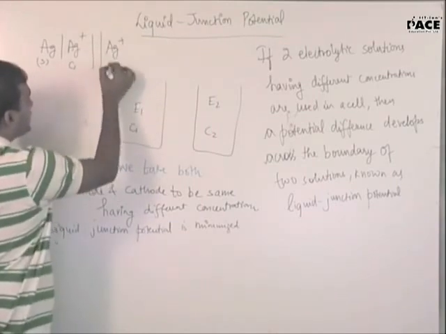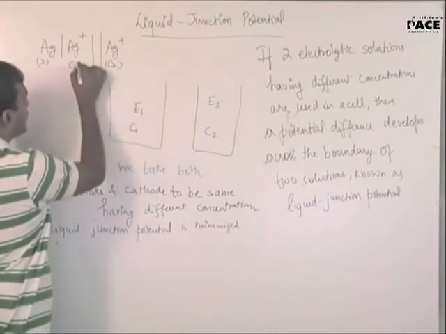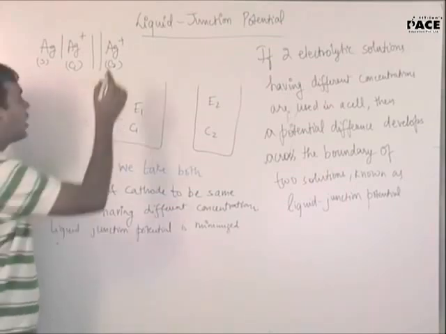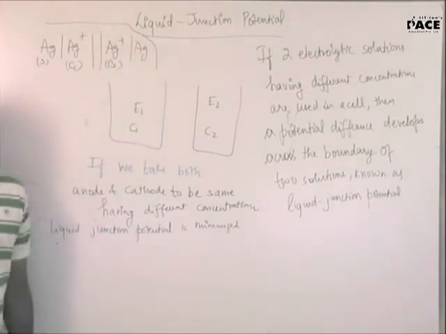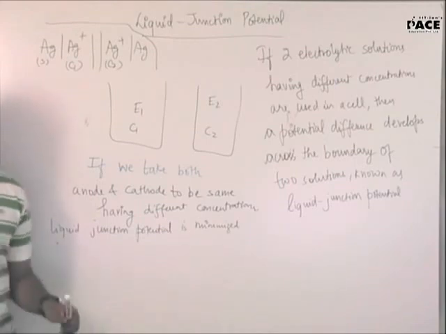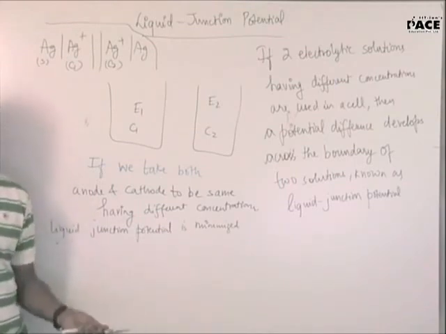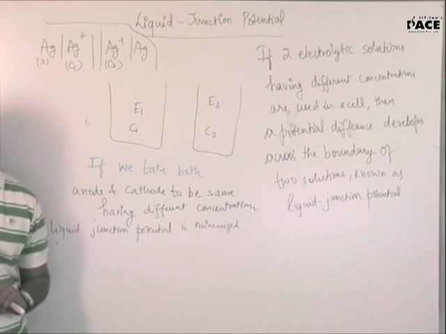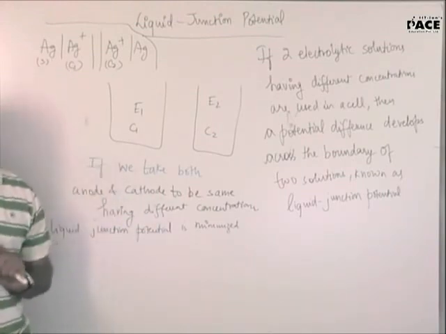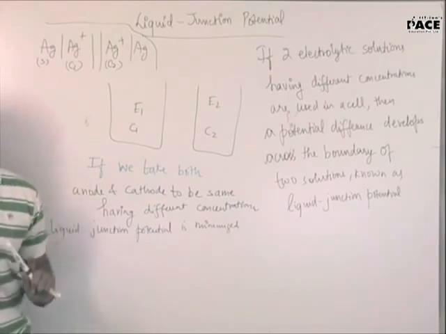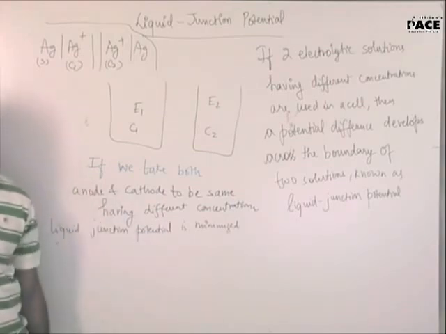I again take this, the concentration say C2, and I take this. See, this is the reaction. Okay, so up till now what we did was, we took something as a cathode, we took a different thing as an anode, right? Now suppose I take the same thing to be cathode and the same thing to be anode, having different concentrations. First question, will the cell work?